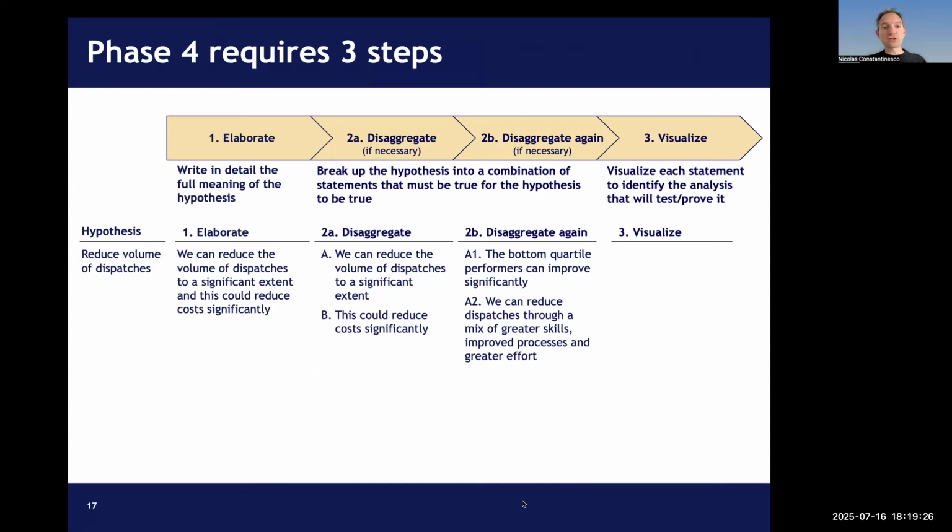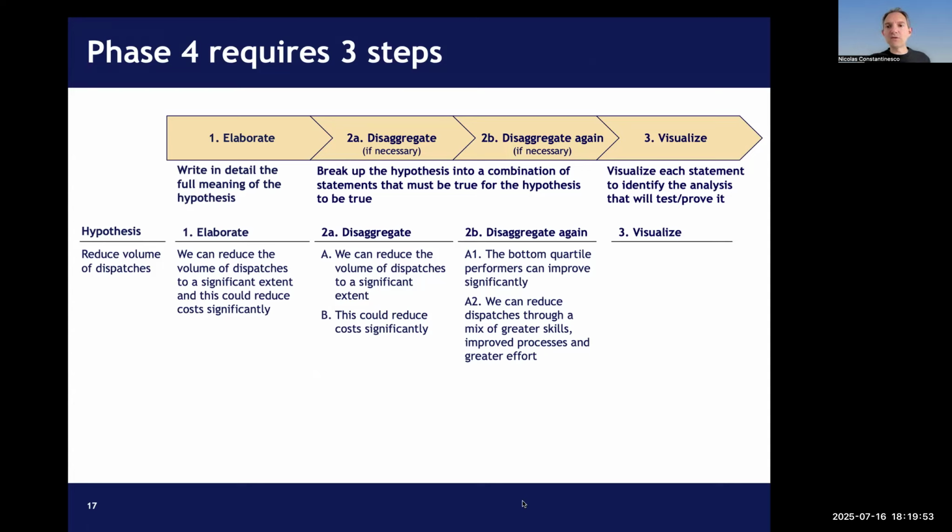If both of these are true, in other words, the worst performers have the potential to improve significantly, and we find the ways that they could do this, then the worst performers will improve significantly, and we can reasonably infer from this that overall we are going to reduce the volume of dispatches to a significant extent.